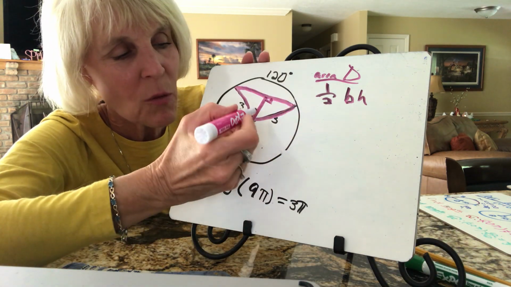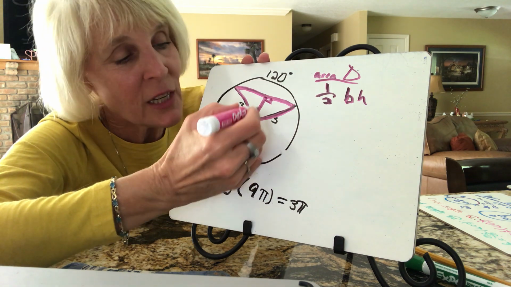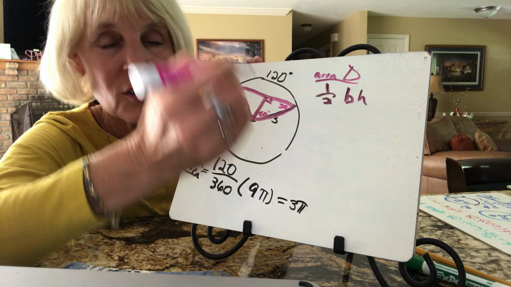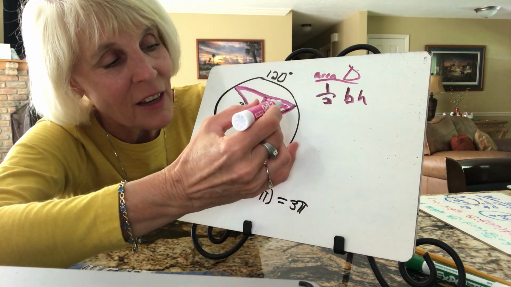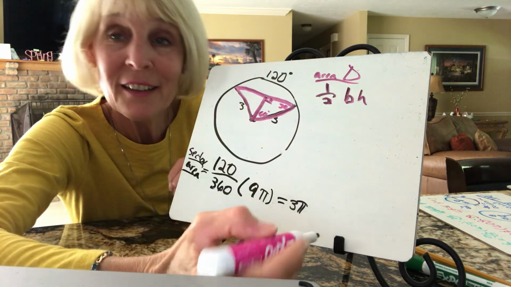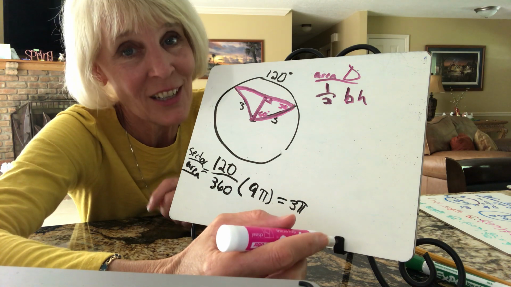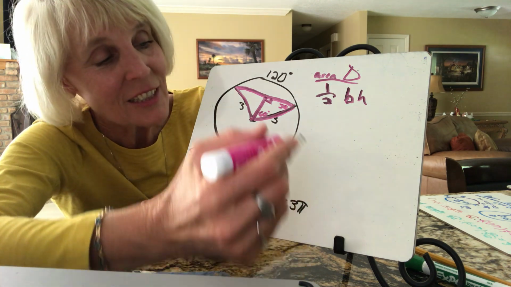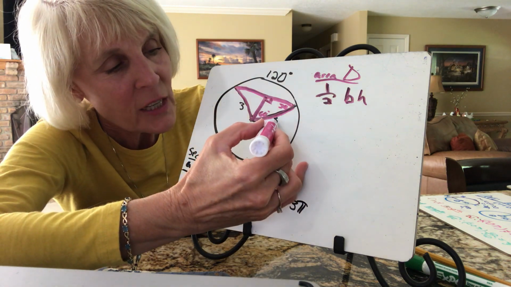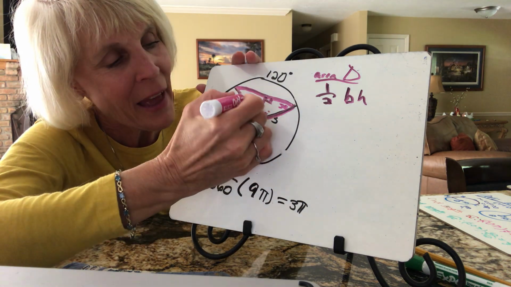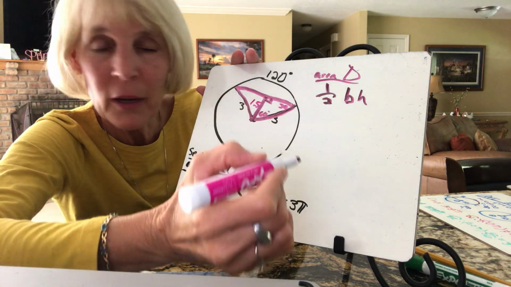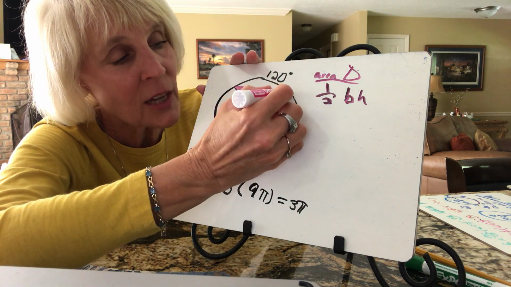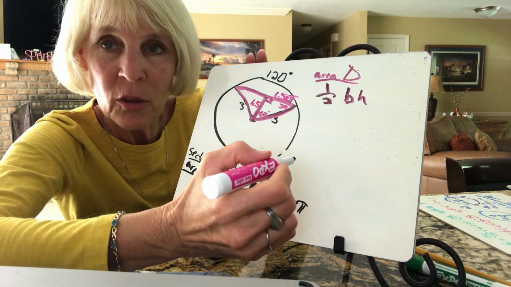Okay, so I know that my hypotenuse is 3. I bisected, so what kind of a triangle do I have? I have a 30, 60, 90. So you're going to be looking for 30, 60, 90s, or maybe 45, 45, 90s, or maybe some trig in this lesson today. So if this one is 3, then the short leg would be half of that, so 1.5. And the long leg, 1.5 times the square root of 3.